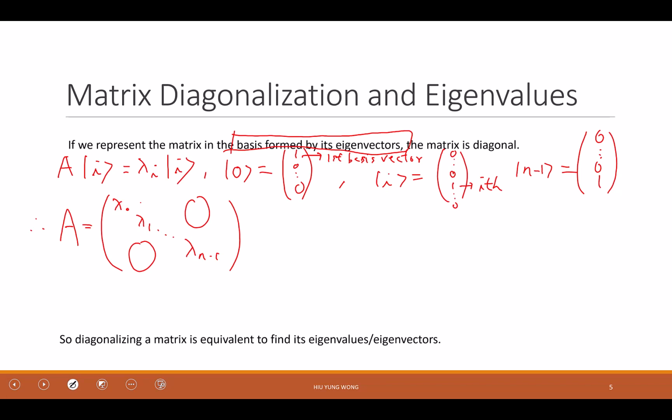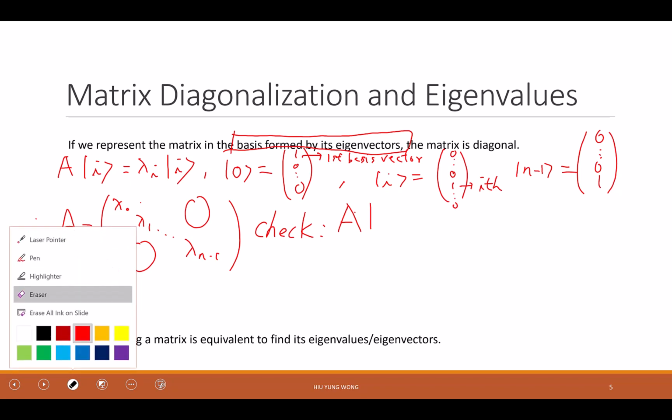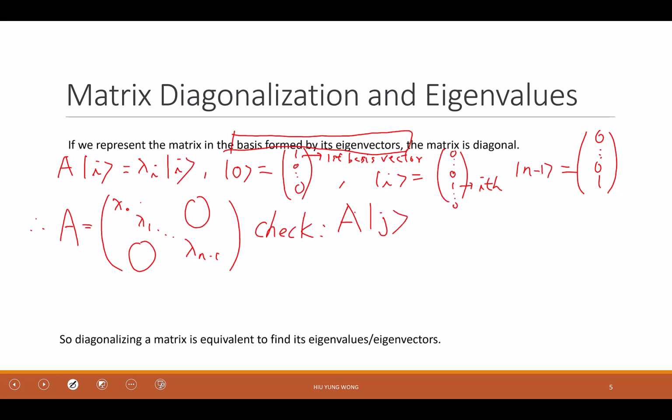Now let's check if what I'm saying is correct. Let's check arbitrarily: what if A is applied to the jth eigenvector of A? What does it look like? A is lambda 0, lambda 1, lambda j, lambda n minus 1, diagonal.